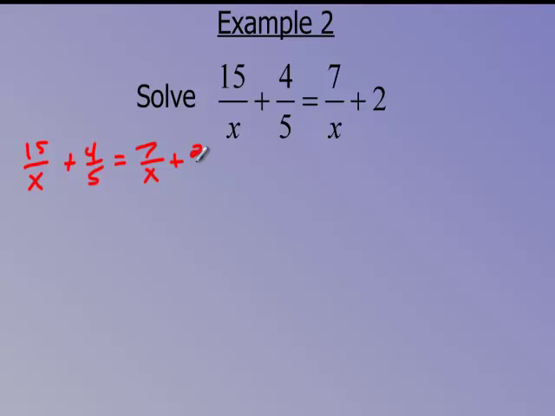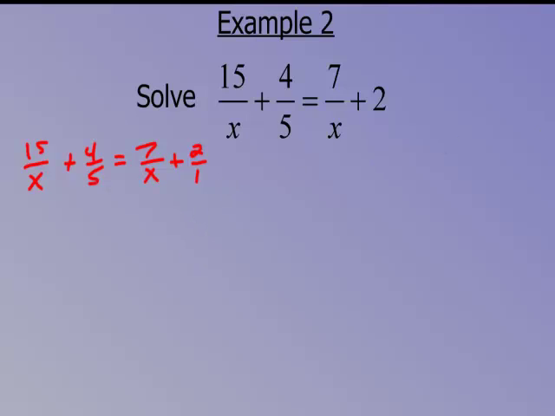And I could rewrite that as 2 over 1, which I want to do, because what I want to do here is cancel out the denominators. We can't really work with this when the x is in the denominator like that. And to do that, we're going to cancel it out like we did with the complex fractions. We're going to find the least common denominator and then multiply both sides by that.